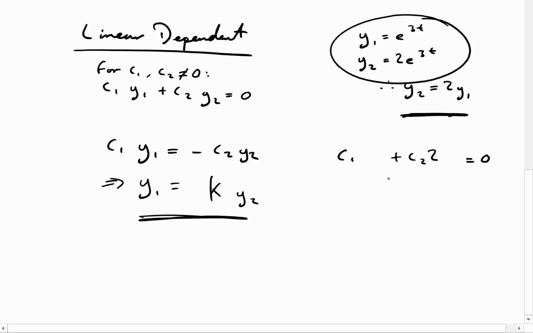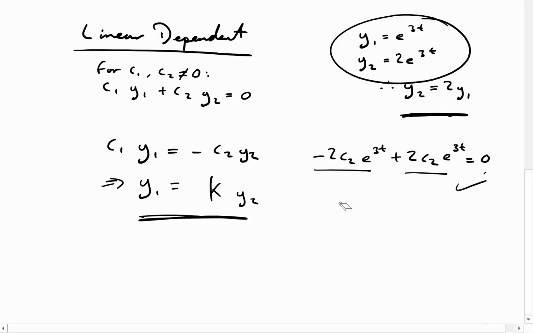So we end up with C1 equals minus 2C2. Well then obviously, because C1 equals minus 2C2, I can just replace C1 with minus 2C2. Let's put e to the 3t back in here. Then I can rearrange this to get minus 2C2 plus 2C2 equals 0, which of course it does.